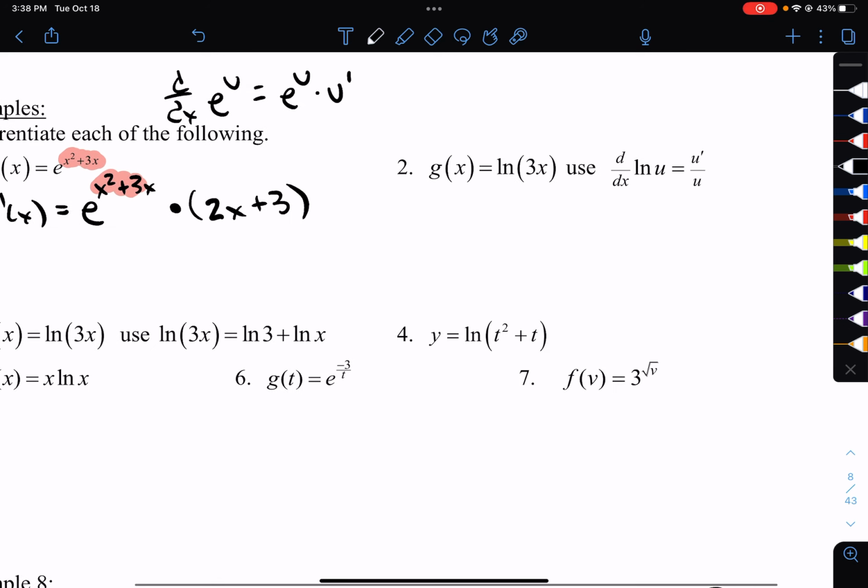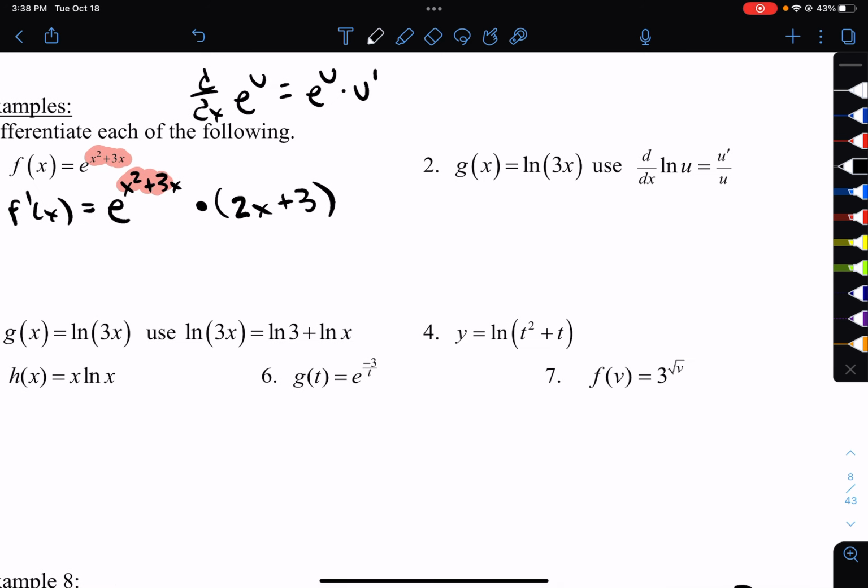Okay? Number 2, g of x equals the natural log of 3x. So instead of just taking the natural log of an x, I'm taking the natural log of a 3x. So my rule told me that if I take the derivative of the natural log of some function, then my answer is going to become u prime over u. So g prime of x is going to equal, u goes on the bottom.